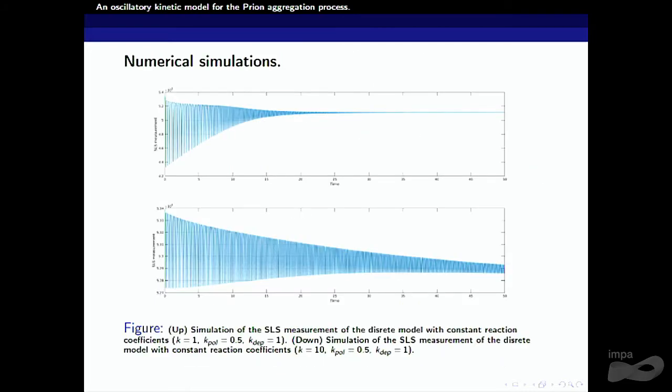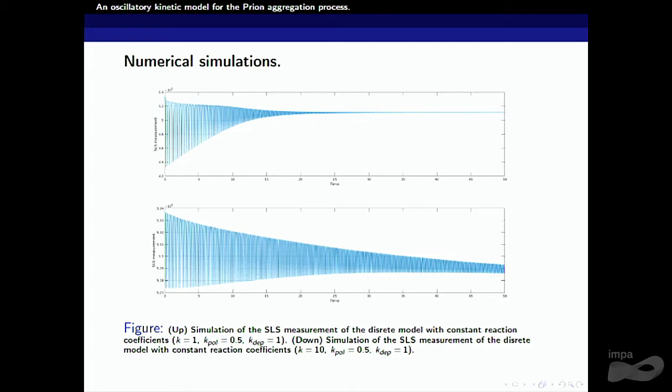Okay. So when we do the numerical simulation of this system with constant reaction coefficients, we obtain a more or less damped oscillation, and then convergence to an equilibrium. This is the plot of the second moment of these systems.